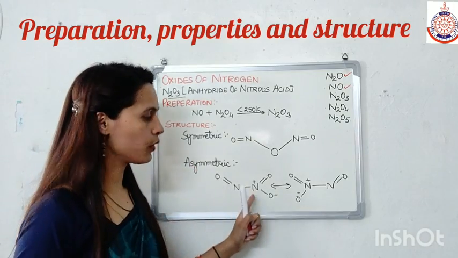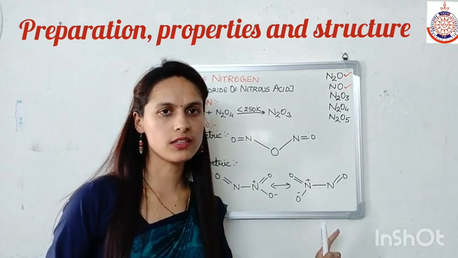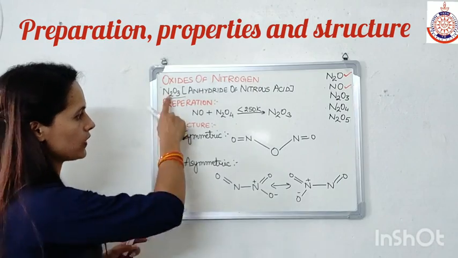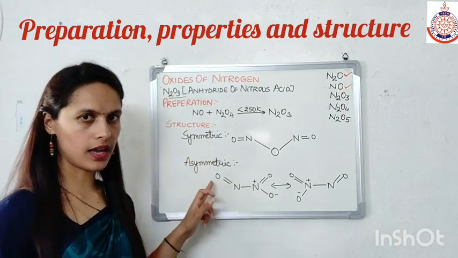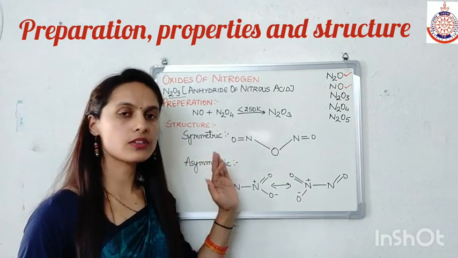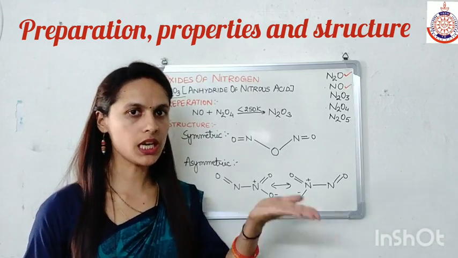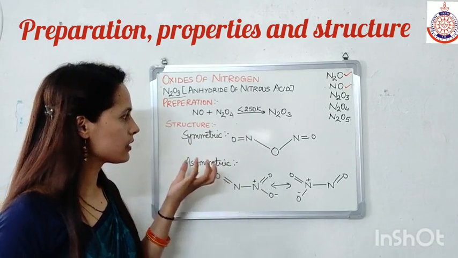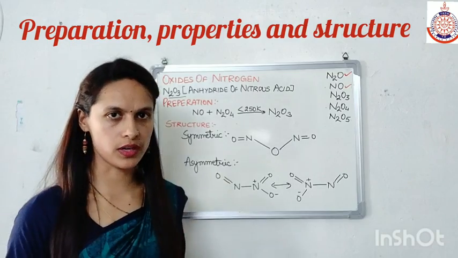So asymmetrical form exists in two resonating structures. So N2O3 has two structures, symmetric and asymmetric, and asymmetric is also present in two resonating structures. So these are the structures of N2O3.